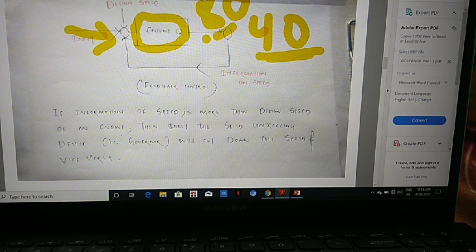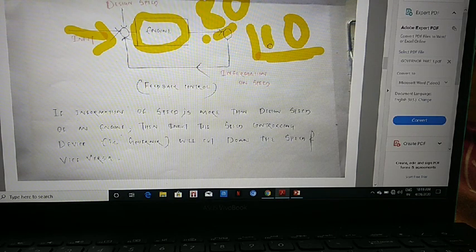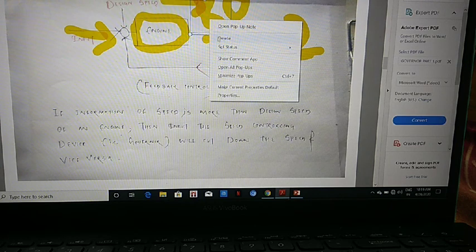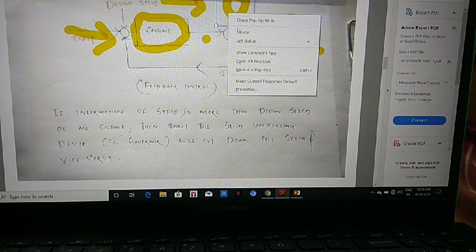Similarly, if the engine load decreases, then the speed, instead of 40 km per hour, becomes suppose 100. So now it is 100 km per hour, but our design speed is 80 km per hour. This is our design speed range. So it has exceeded the design speed range.